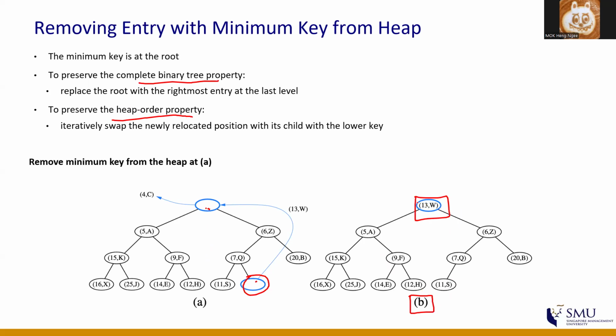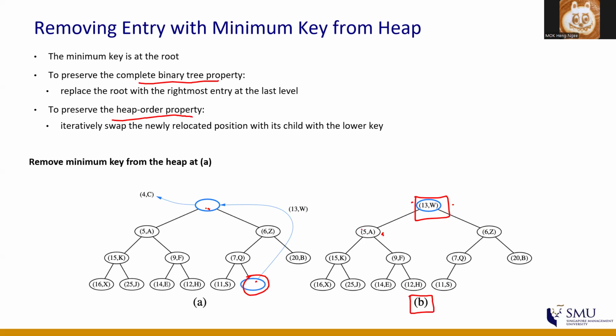We check whether this node is in the correct position by comparing it with the two children. In this case, it's quite obvious that the left child is smaller than the parent and the right child is smaller than the parent. So we need to do a swap. Which child to swap with?